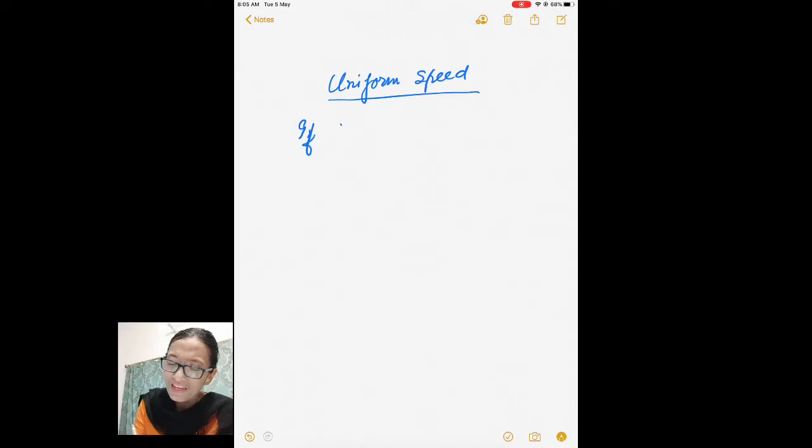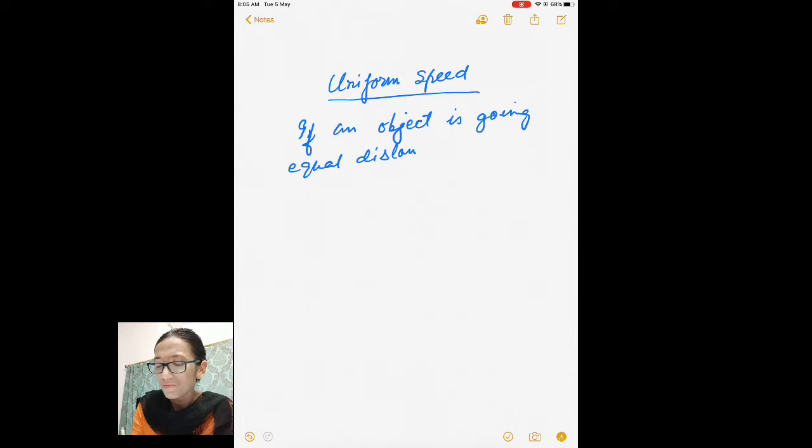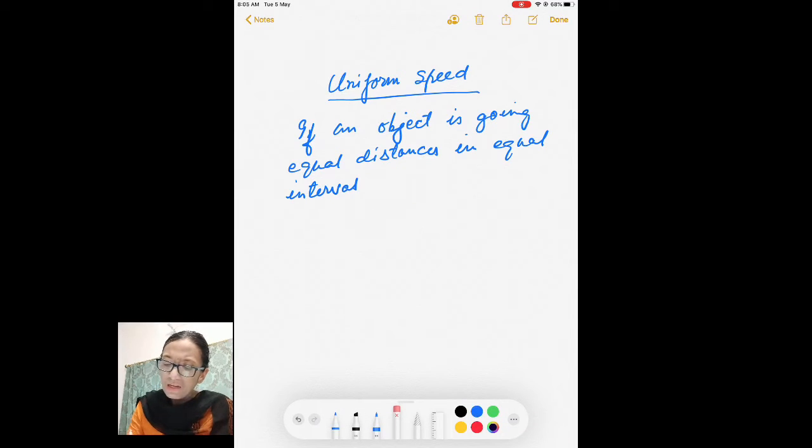If an object is moving equal distances in equal interval of time, then the speed is called uniform speed.